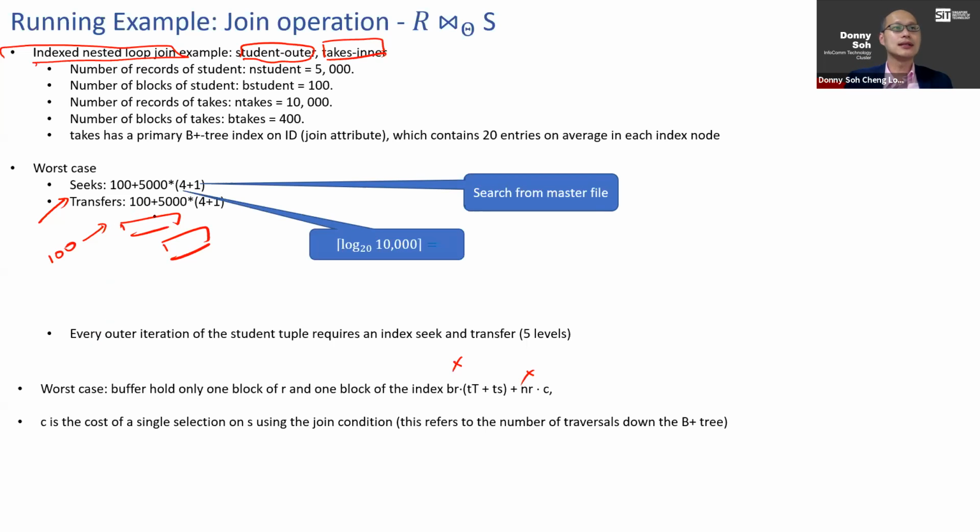If you look at this one, this is in fact the number of times I need to find the index. And the number of times I need to find this index will be the number of records in my student table, because for every single record there, I need to do an index search.